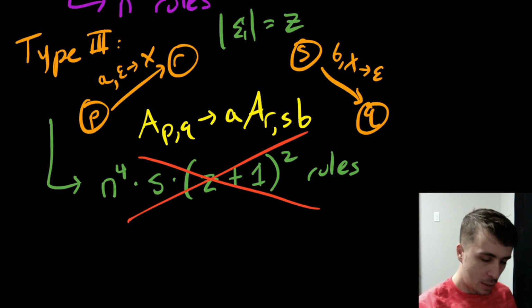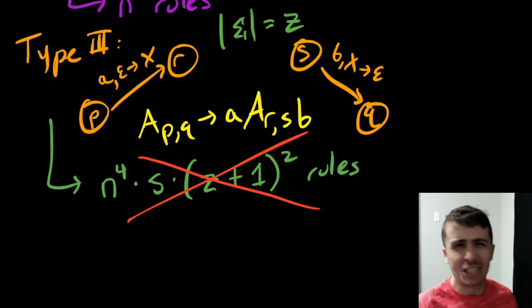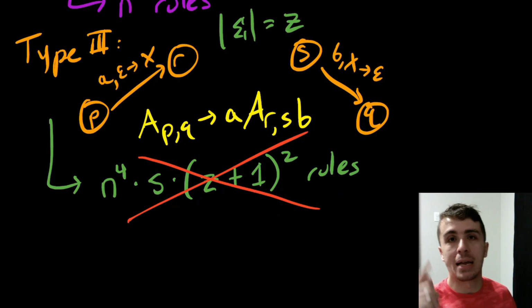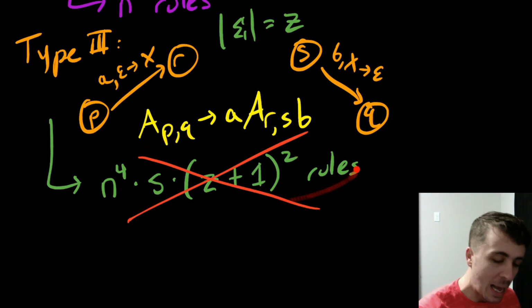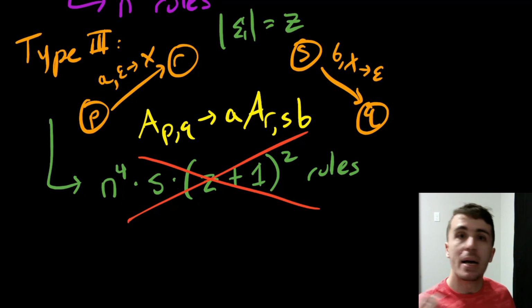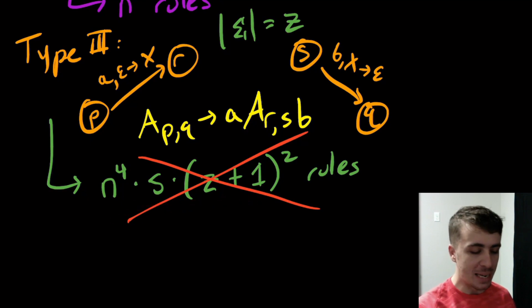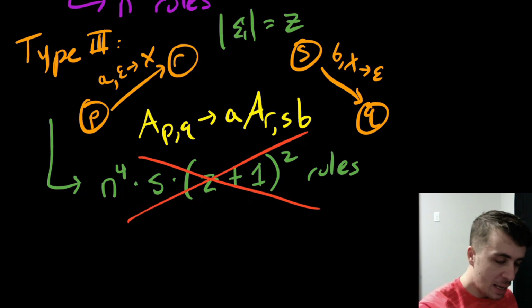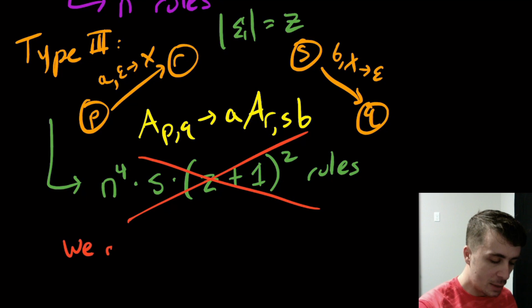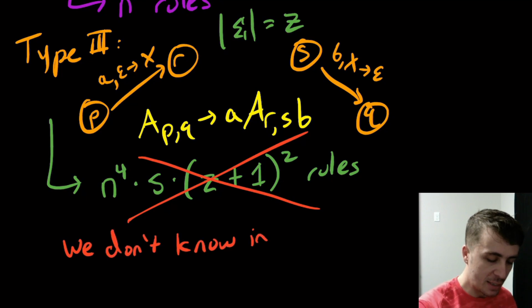So the lowest this could be from our construction would be 2 transitions, which means 1 pair of matching transitions, which means we'll add 1 rule. But it could be that every possible transition is present, and therefore we would have this many. So the answer is we don't know in advance.